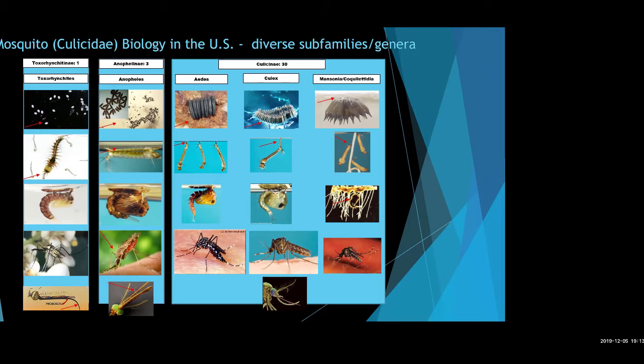On the left, for Toxorhynchitinae, the white dots on the black background are actually eggs. The next picture with the arrow is a mosquito larva feeding on another mosquito larva. The pupa shape is pretty much consistent across all the mosquito subfamilies.